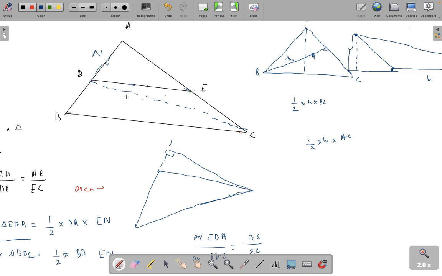So now we calculate the area for AED, right? So area of AED is equal to half into what is the base? AE. What is the height?